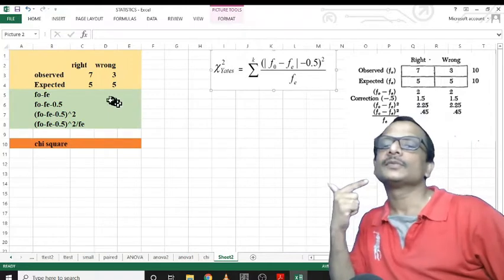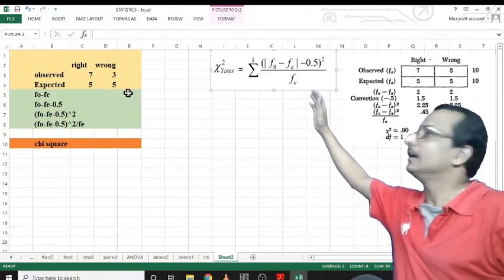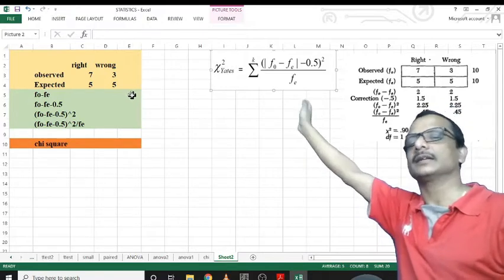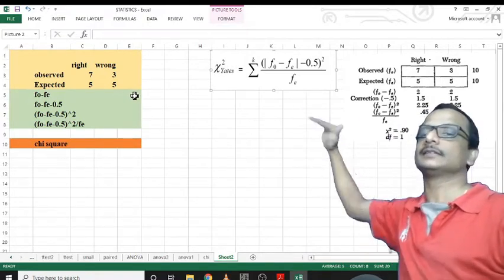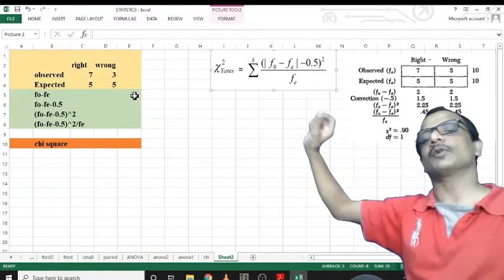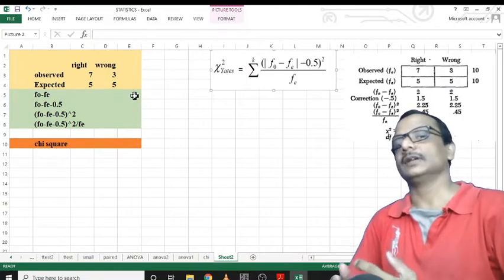For that purpose, go to this particular example. Here is one category, right or wrong. The observed right things are 7 and the observed wrong things are 3. And what is the expectation?